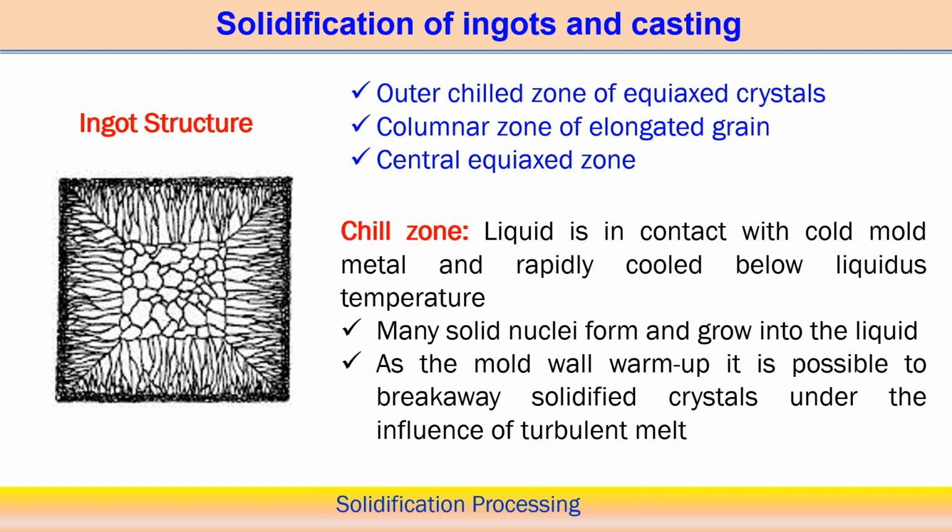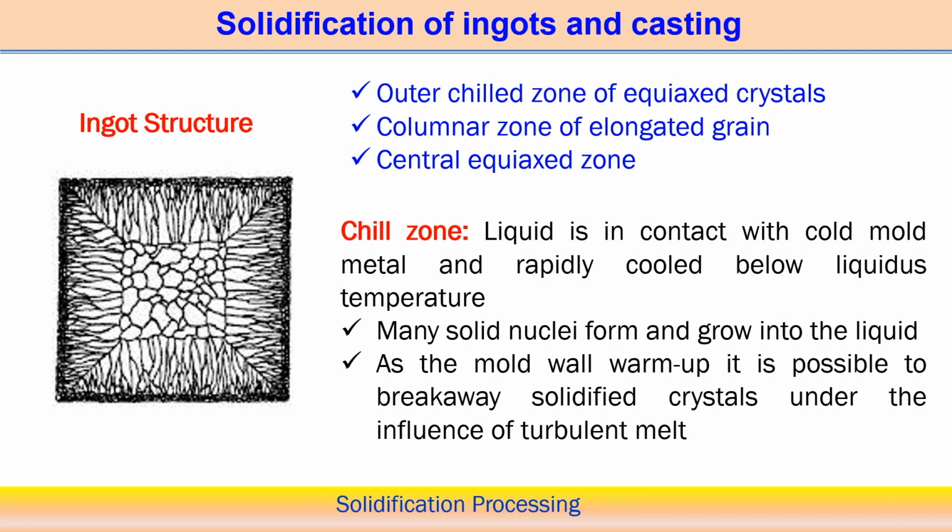The central equiaxed zone entirely depends on the cooling rate, or basically the temperature gradient. Based on that, it can form completely as equiaxed grain at the mold wall with the remainder columnar grain, or at the middle point there might be some kind of equiaxed zone.